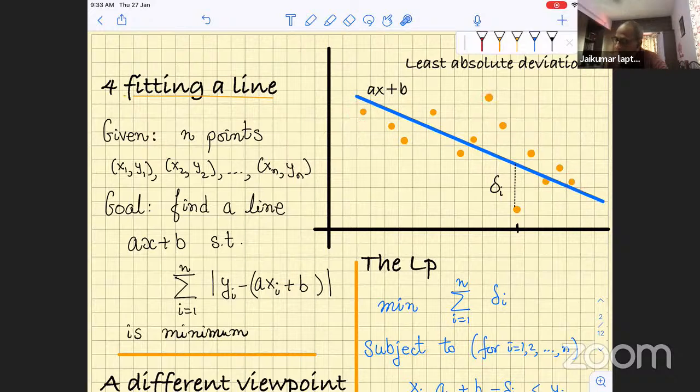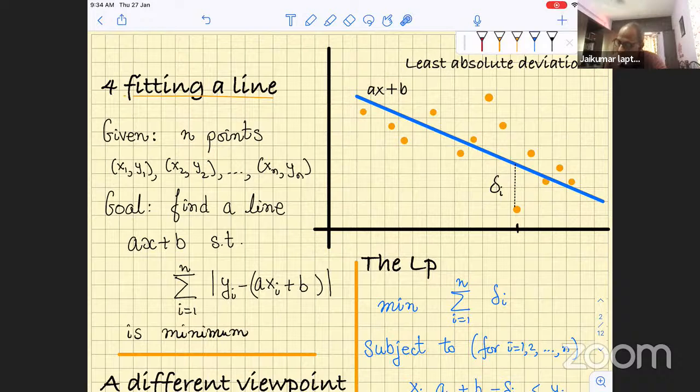And you're trying to find a line which minimizes the least absolute deviation. And so this quantity is called the deviation. Sorry, so the total deviation of all the points from this line is what we want to minimize.